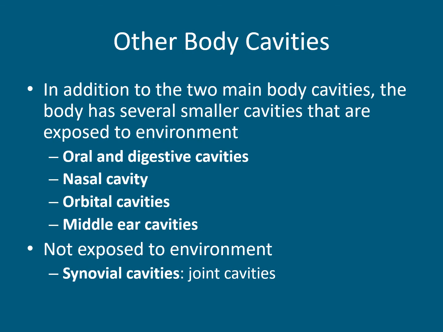So the nasal cavity and digestive cavities we'll study with the respiratory and digestive systems in A&P 2. The nasal cavity we will look at some at the very end of A&P 1 when we study the special senses, for smelling. The oral cavity we'll look at both for digestion but also for taste. The orbital cavity with the eyes for vision, and the middle ear cavities we'll look at when we study hearing.